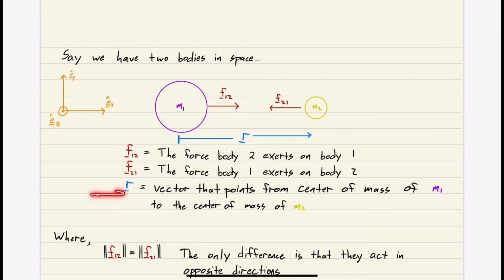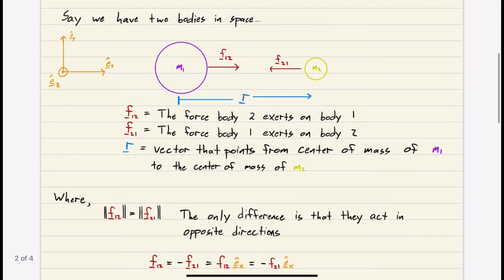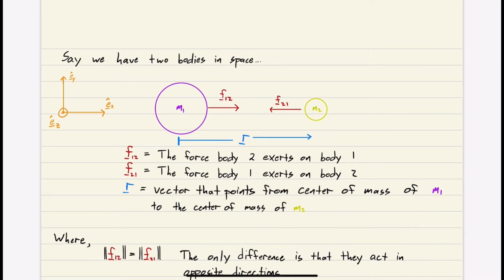And I already talked about what R is. Okay, so let's move on. The magnitude of F12 is equal to the magnitude of F21. The only difference is that they act in opposite directions, right? The force that one body exerts gravitationally on another body is the same that the other body exerts on the first one. They're equal and opposite.